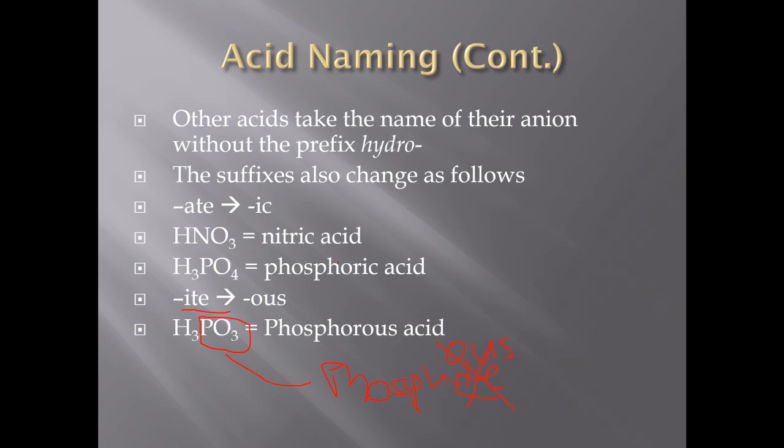So here's one you can practice with. If it's citric, then I've got the IC ending, so I could cross that out and change it back to ATE. Citrate is the polyatomic ion from which citric acid is made, and we're just attaching hydrogens to it.